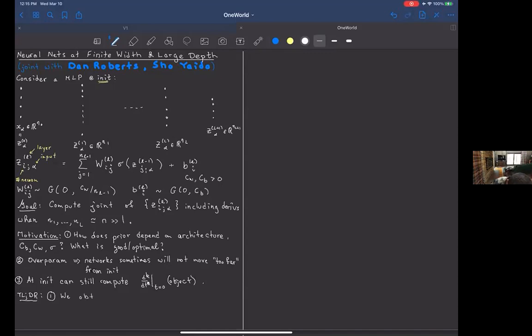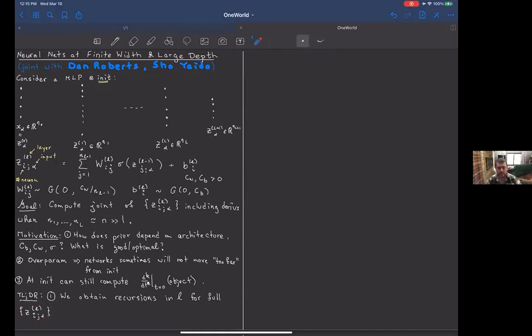Okay, so we obtain recursions in the layer index L for the full distribution, okay, of all the neuron activations. So we can only do, at the moment, at least in full generality, a single layer, and we can actually do 2 nearby layers.